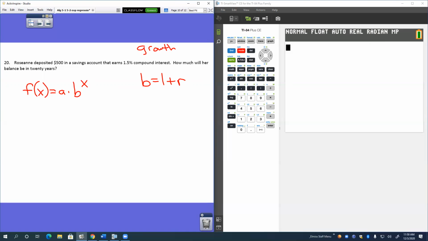Our A value is our initial number. So 500 goes there. Times, now we need to figure out our growth factor.